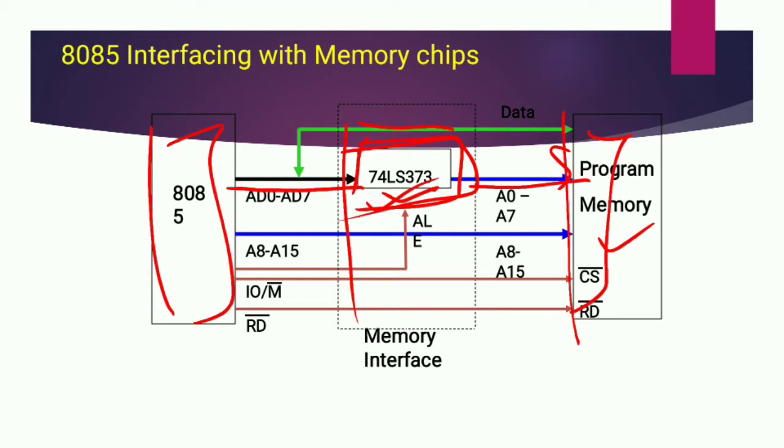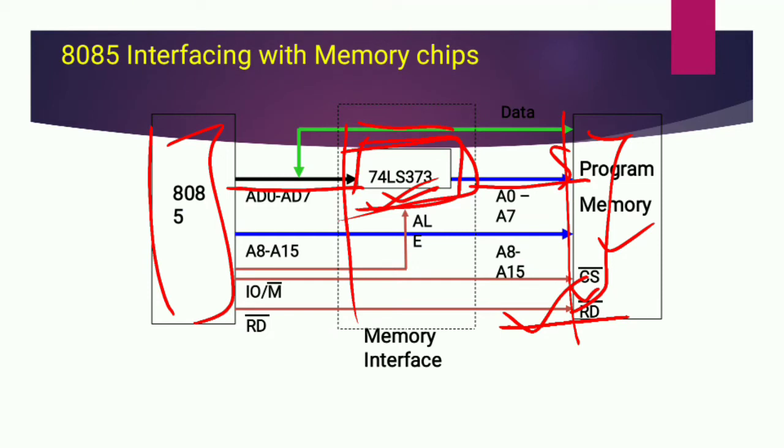The interface process involves designing a circuit that will match the memory requirements with the microprocessor signals. Memory has certain signal requirements to read from and write into it. Similarly, the microprocessor initiates a set of signals when it wants to read from and write into memory.